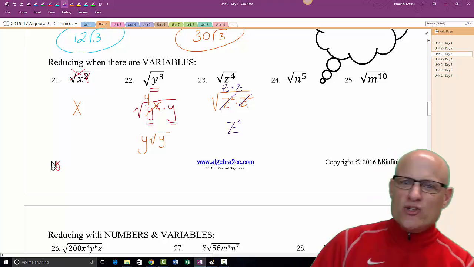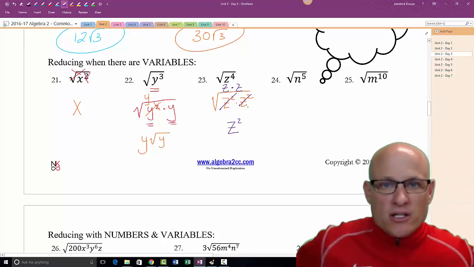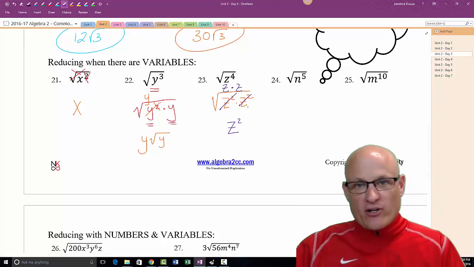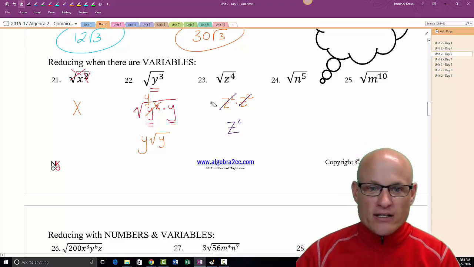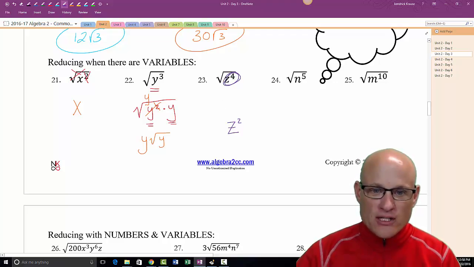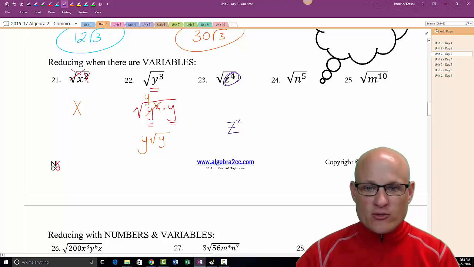So for every 2 variables (squared, fourth, sixth, eighth), I can take out 1 variable. Because this is even, and this is 2 groups of 2, z to the 4th is z squared.